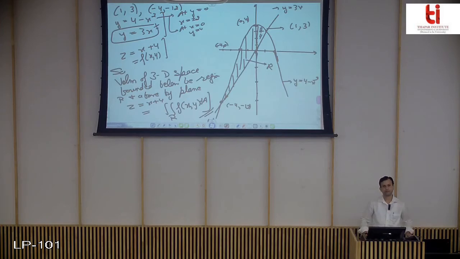Now, how is it sure that f(x,y) is positive? Let us just keep it in mind that whenever a question is asked regarding the volume, the f(x,y), here given as z equals x plus 4, is always going to be positive, at least in the region given, a region in the xy plane.